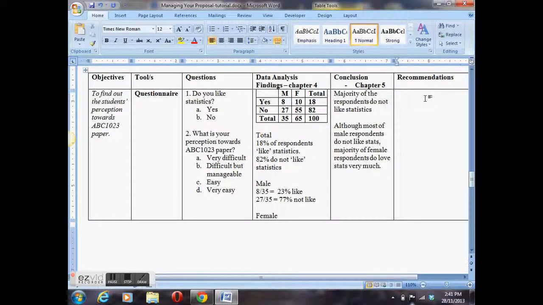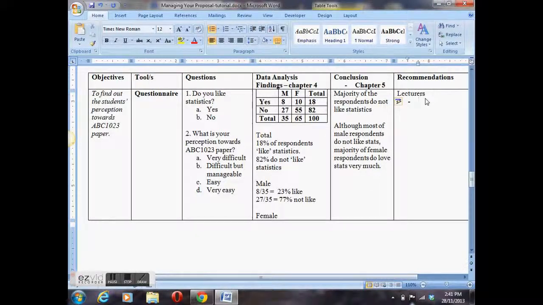Then it is easier for us, right? So, recommendation for lecturers teaching statistics. What recommendation or recommendations can turn this around?